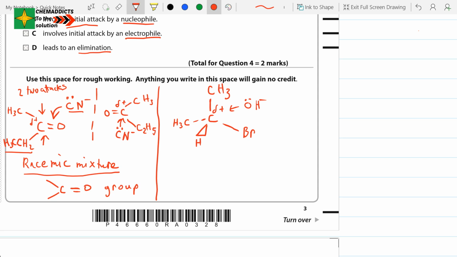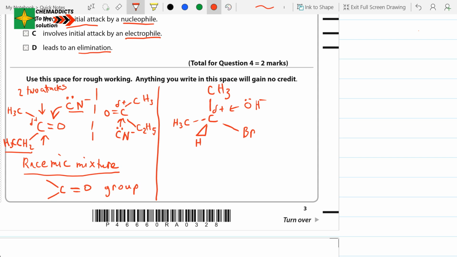If we compare this molecule with this molecule, here we have space above and below this carbon atom, but in here we have space only over this carbon atom, and below we have the CH3 group.